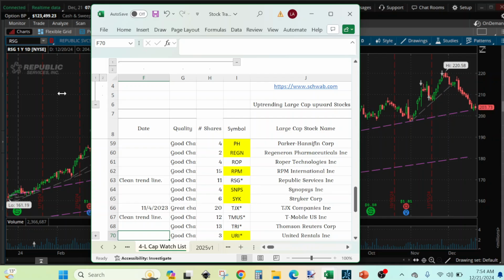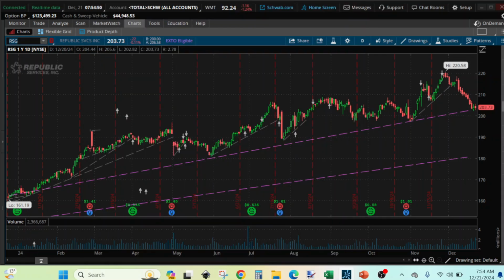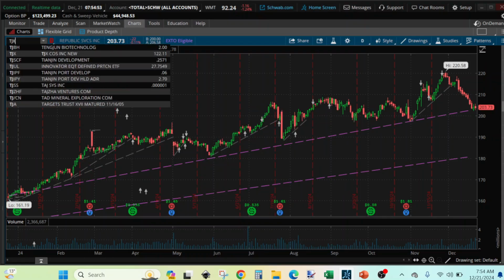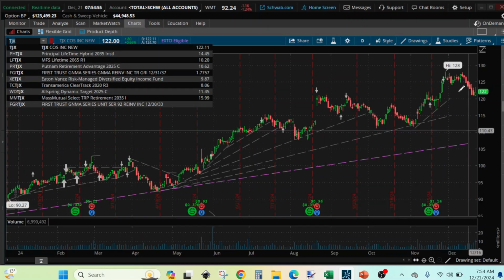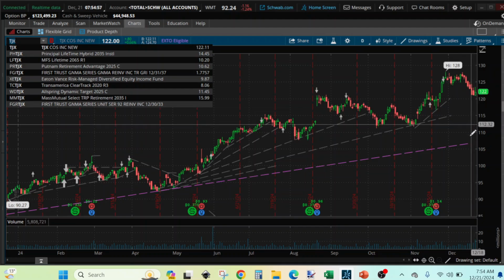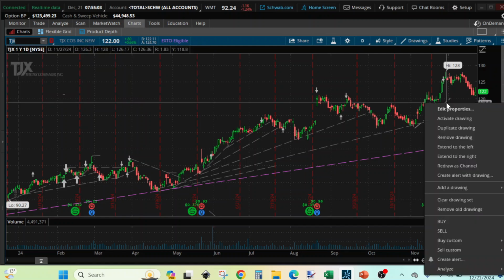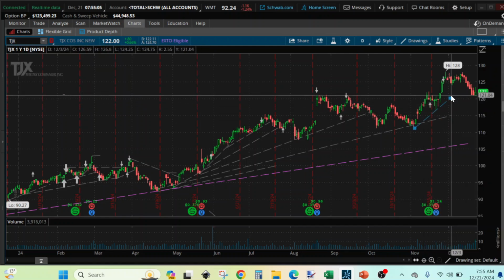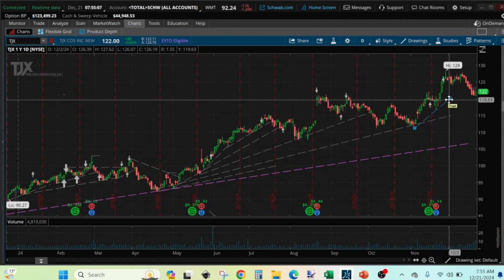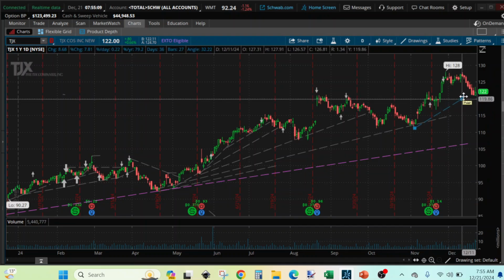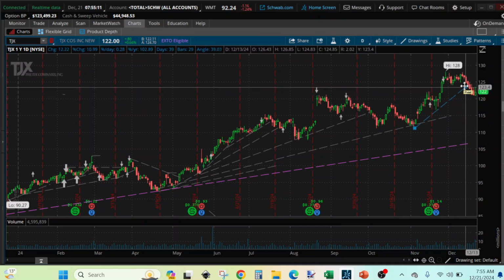So let's go to TJX. TJX is somewhere there, and we like to buy here. Otherwise, there is a trend line going on there. Not quite this one.